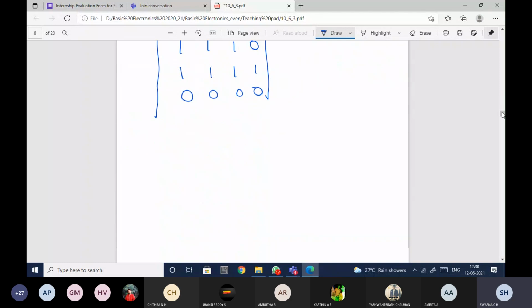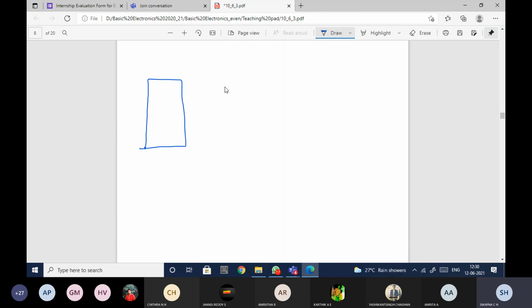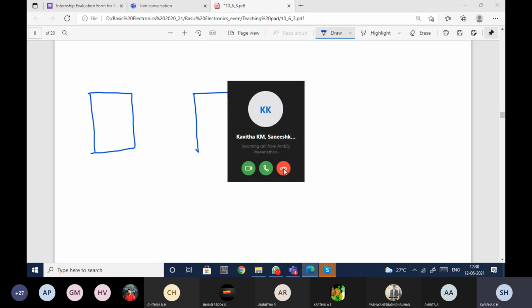As I've mentioned, you need 4 flip-flops. Again, here also I'll just take toggle flip-flops only, because here also toggling is happening.